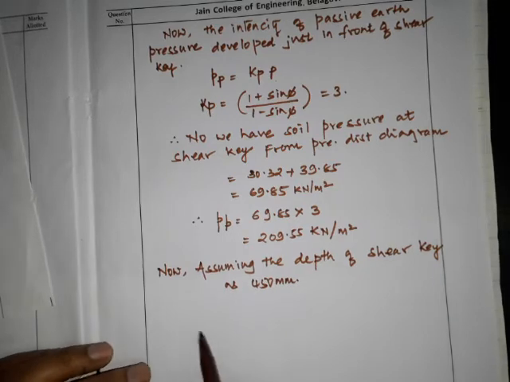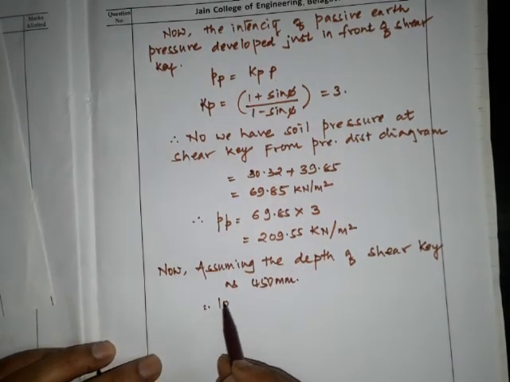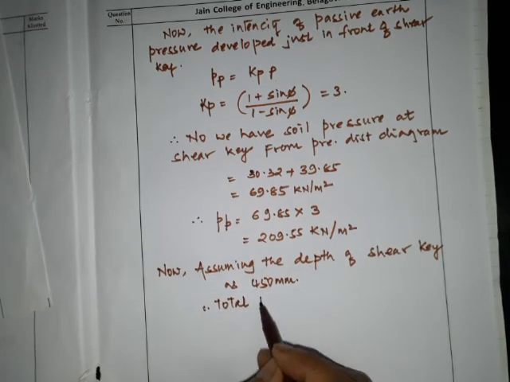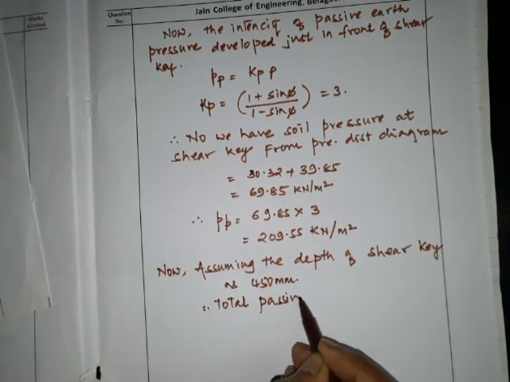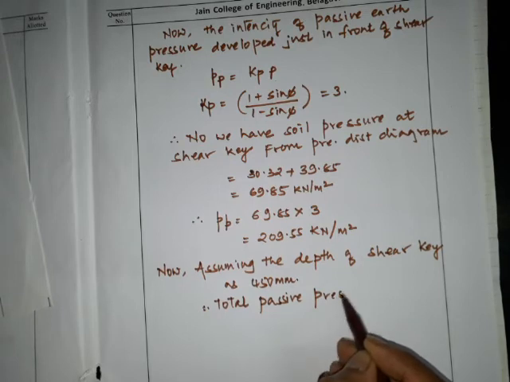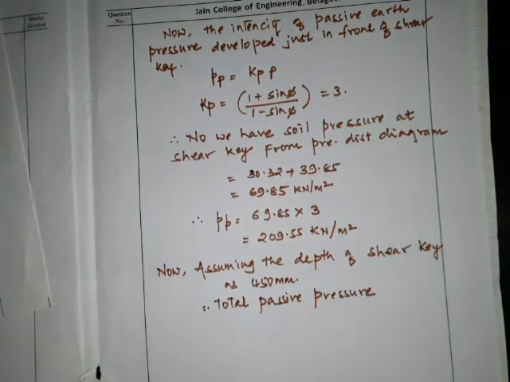Okay, so therefore the total passive pressure is 209.55 into the area of the shear key, that is 0.45, per meter width. So we get it is 94.29 kilonewton.